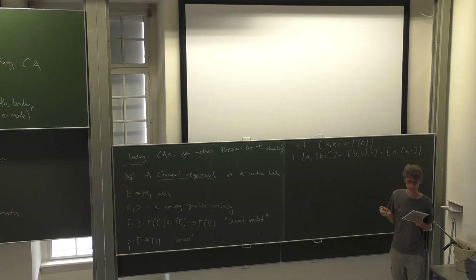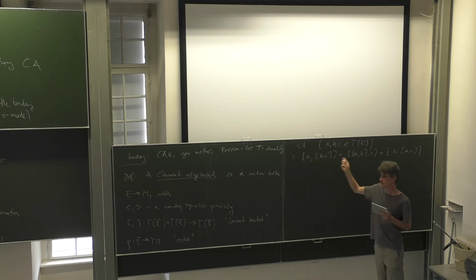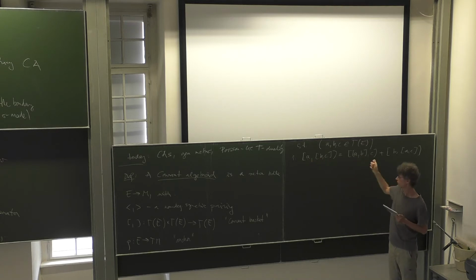It is a Jacobi identity, but written in a way that taking the bracket with A acts as a derivation for the bracket itself, so that we can write it this way.